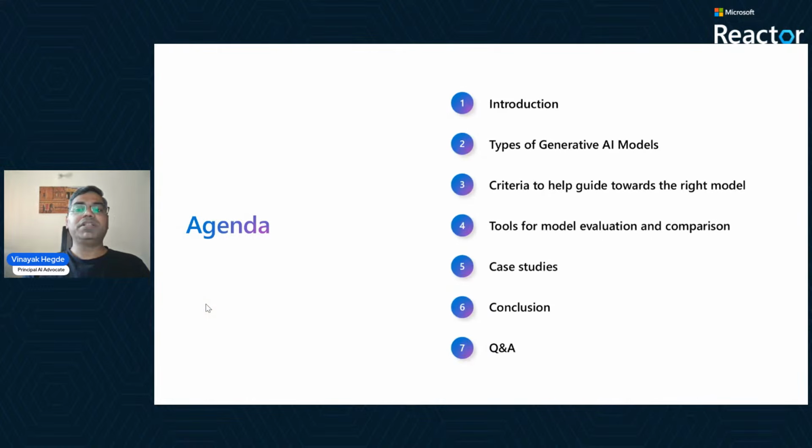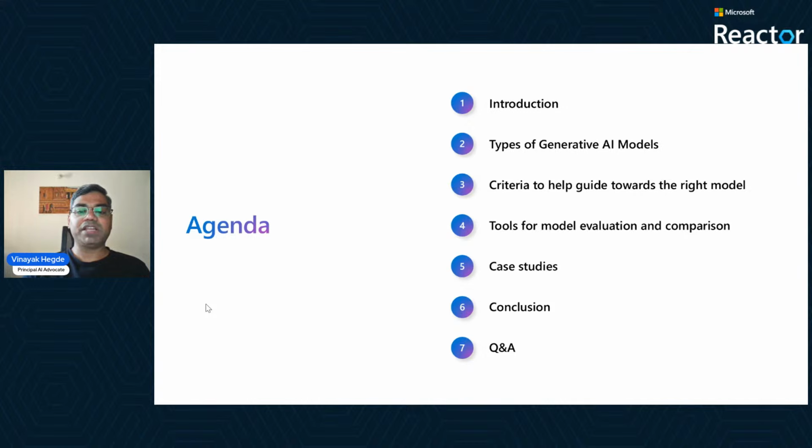Cool. So let me talk a little bit about the agenda. I'll do a quick intro of the different kinds of AI models that are there. Then we'll talk a little bit about model selection and the criteria to help guide towards the right model. We'll also look at the various tools that are available for model evaluation and comparison, and how we can figure out what is the best model for your app.